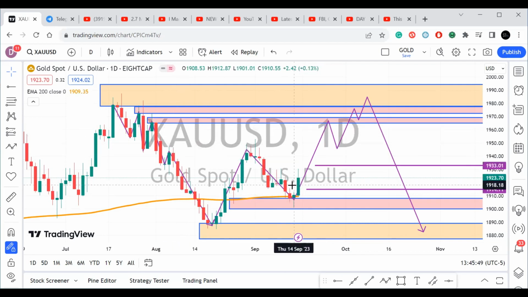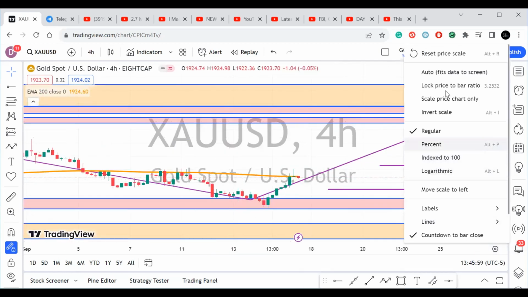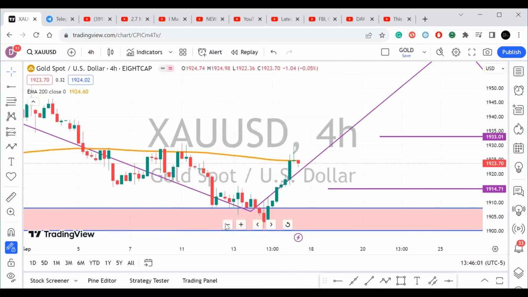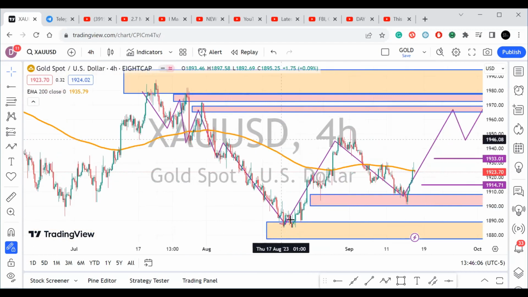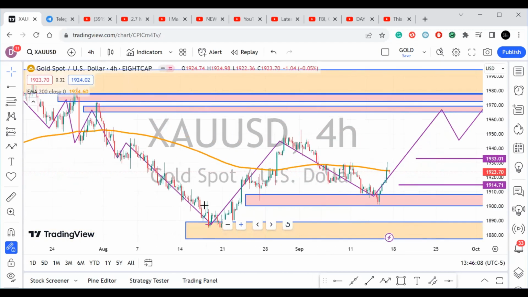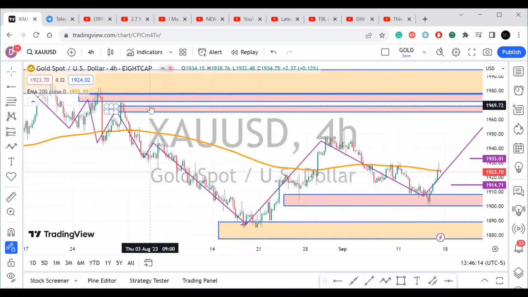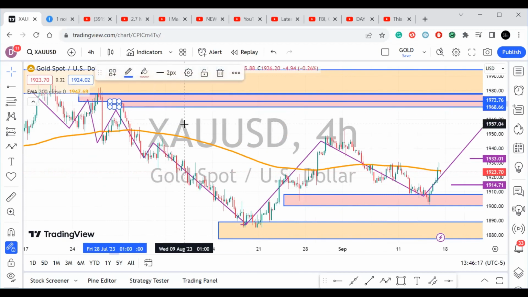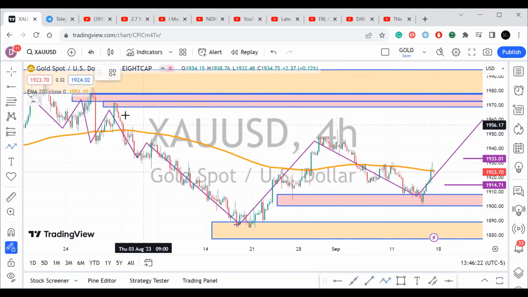So on the H4, let's see the H4 structures for when price is going to this daily structure. Our H4 structures from this daily high are going to be, I can align this a little bit better.